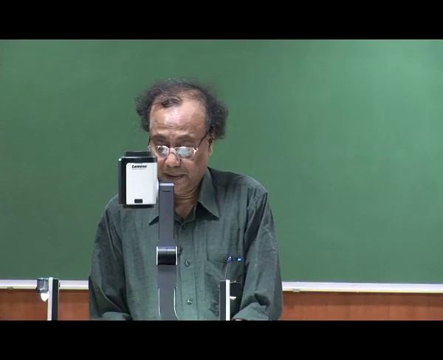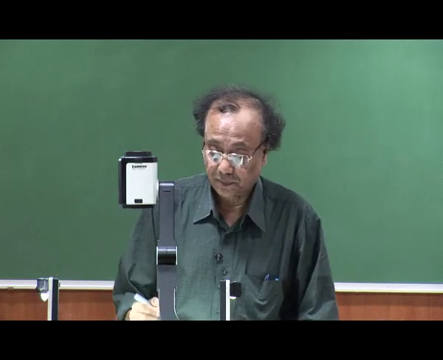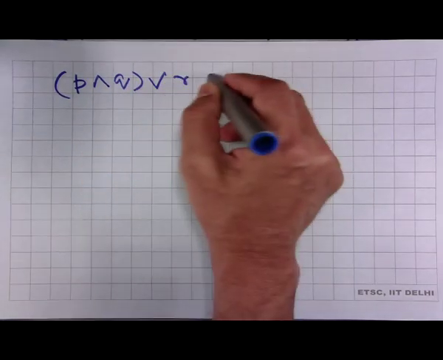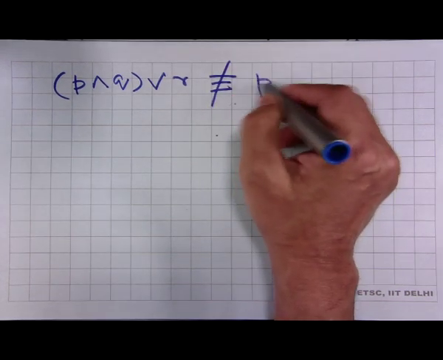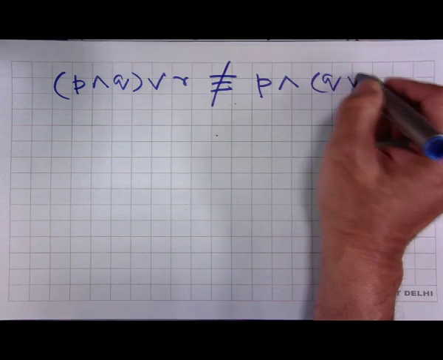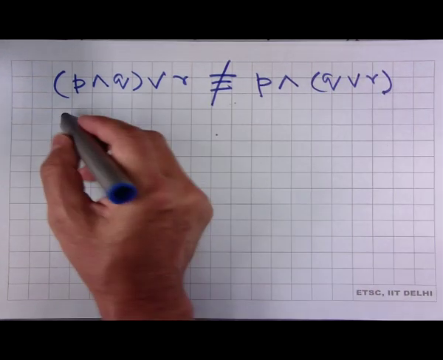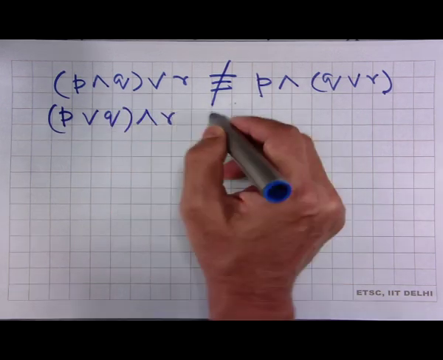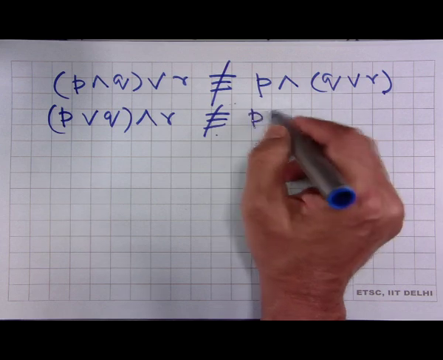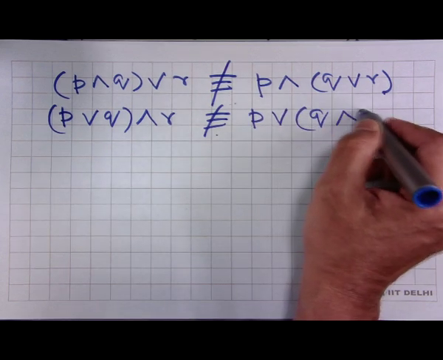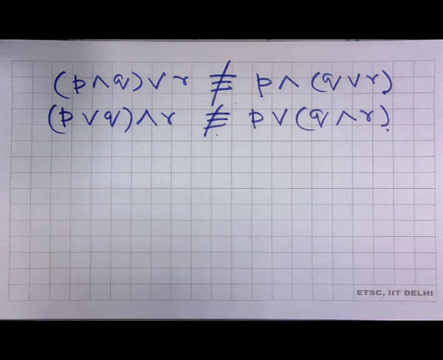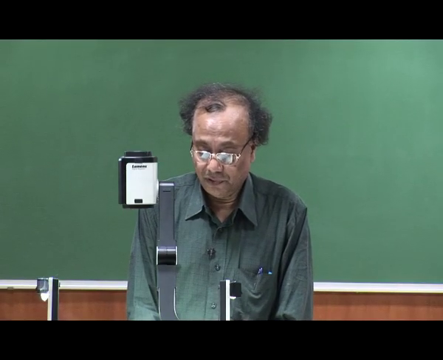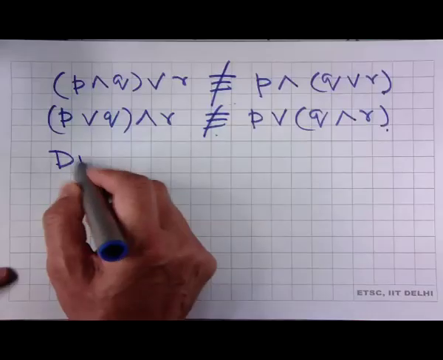So, this example tells us that P and (Q or R) is not equivalent to (P and Q) or R. Similarly, P or (Q and R) is not equivalent to (P or Q) and R. Therefore, the question comes, how do we simplify this? Right? This comes by the distributive law.